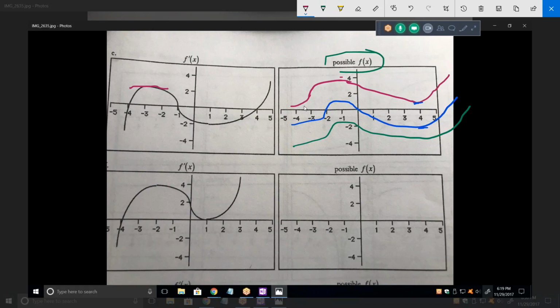And then I have a flat horizontal tangent line at -1, which corresponds to that. And then I have another horizontal tangent line at 4, which corresponds to this. The only thing I didn't do is put concavity on the part between 0 and 4. And we can do that.